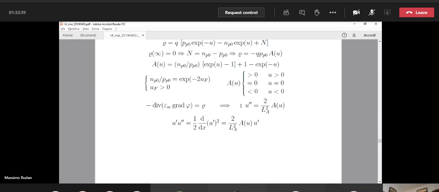Okay, you see the right hand side depends only on u. There is no explicit x because the dopant concentration is constant, does not depend on position. Okay, this is very convenient. So you may remember from calculus that we have a trick for solving this equation.